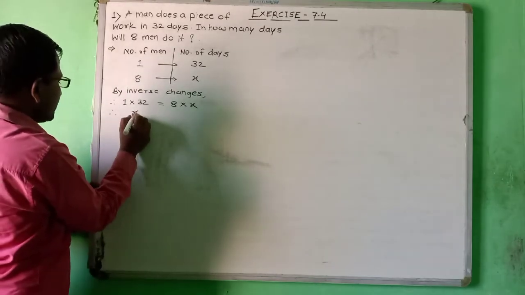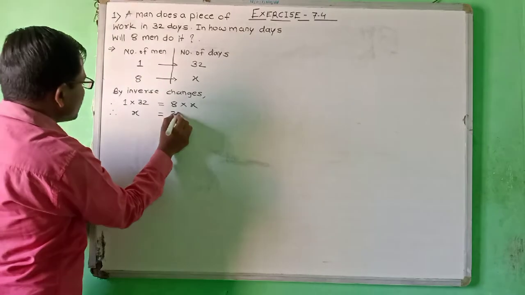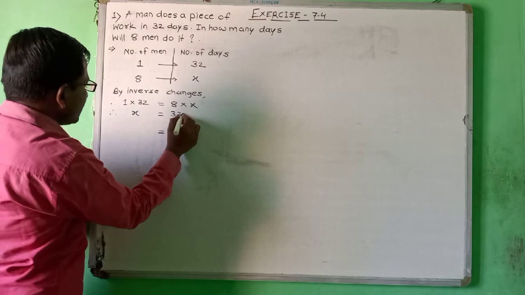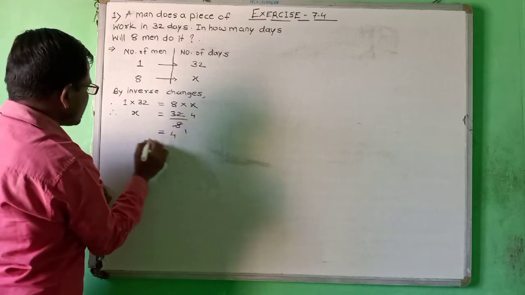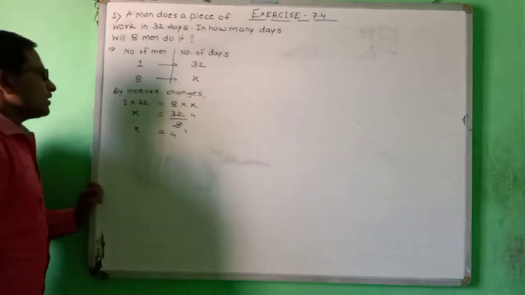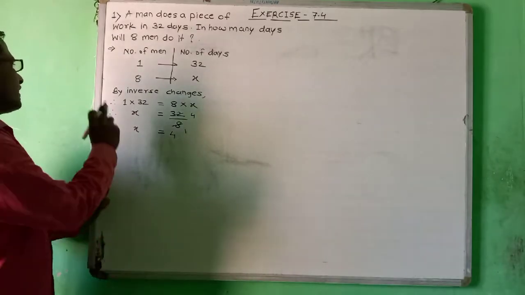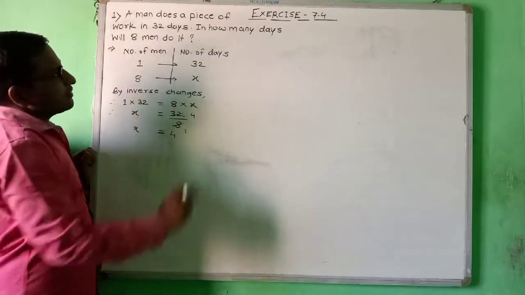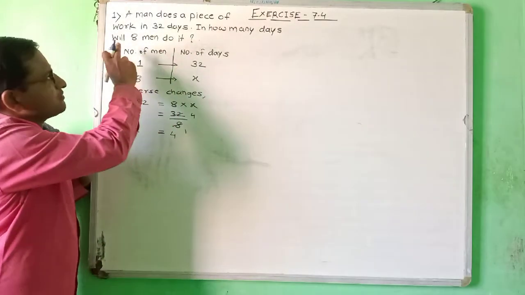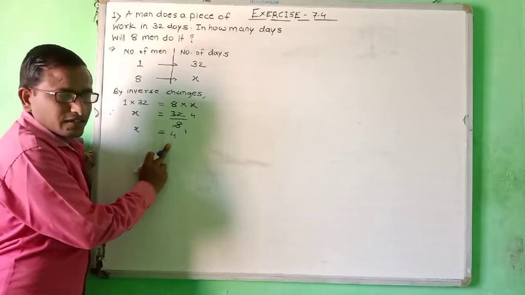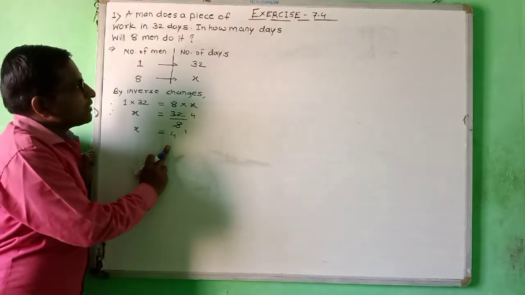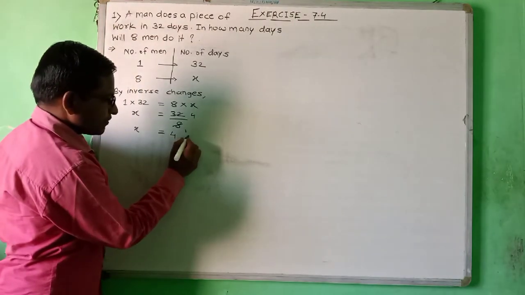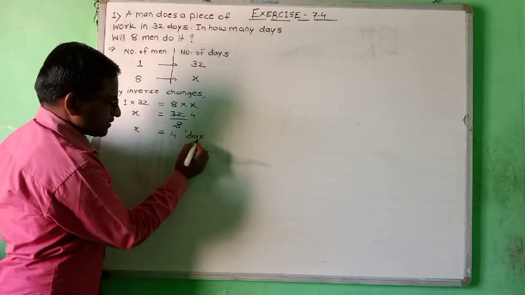Therefore x is equal to 32 upon 8, which is 4, since 8 fours are 32. So 8 men will do it in 4 days. We require 4 days to complete this work.